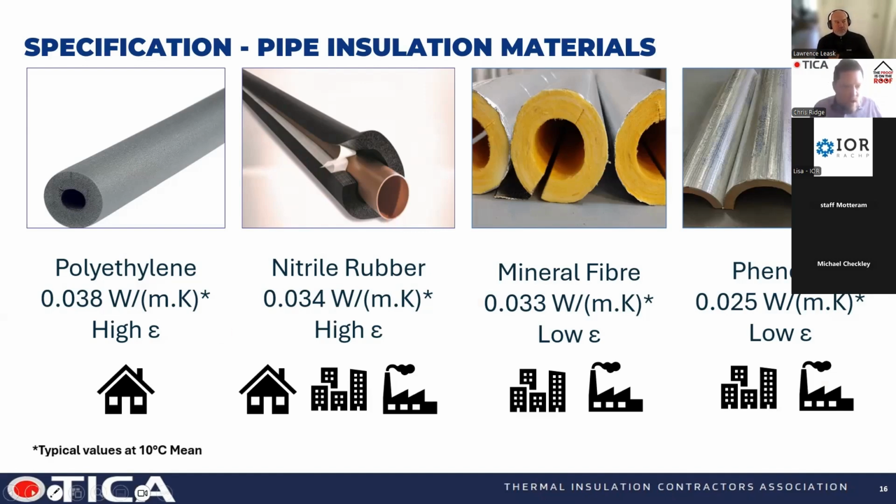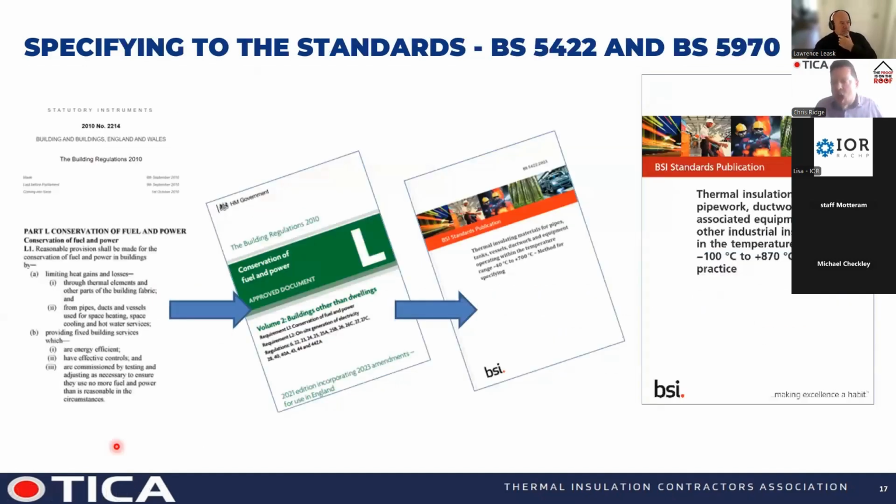And when we look at how this is all laid out, I'm not going to spend too long on standards today, but just a couple of things to really emphasise that there are two key standards for thermal insulation. You have the one for the specification of the materials, so that considers the thermal performance and sets out tables so that you know the thickness of material you might need for a different application and so on.